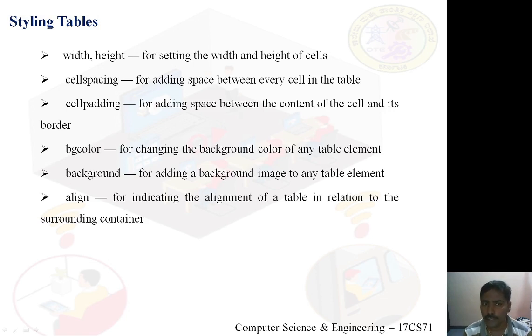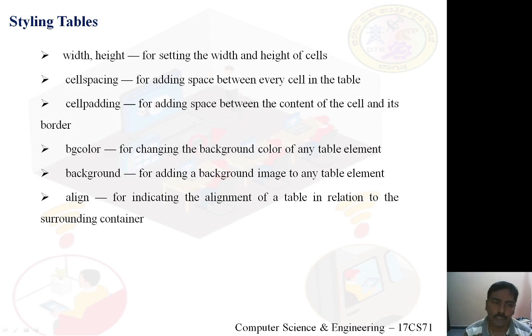So I repeat, you need to know the difference between cell spacing and cell padding. Cell spacing is to give some gap between two adjacent data cells, whereas cell padding is to give a gap within a data cell between the contents and the border. Clear? I hope all of you got it.